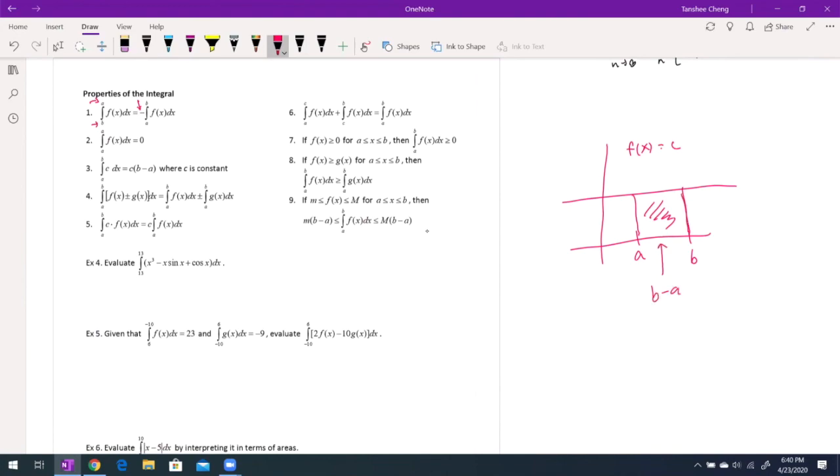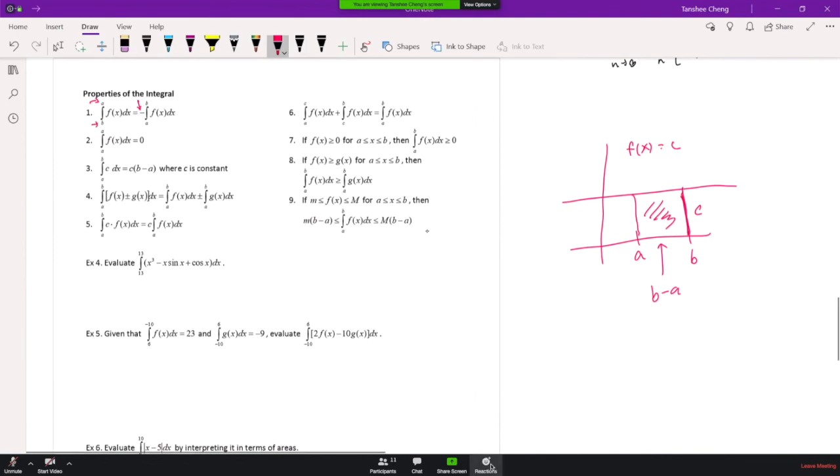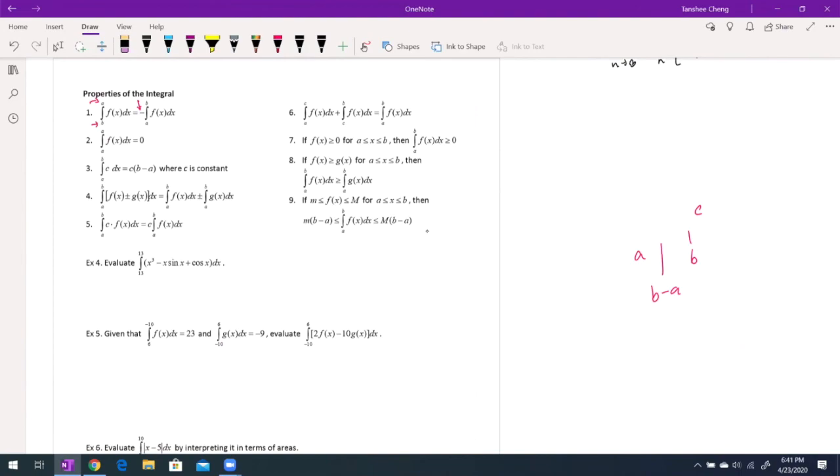And what is the height? It's always going to be c. So that's how you get c times b minus a. Do we follow? And the rest basically follows from the Riemann sum idea from the definition. So this is a quick geometric showing, not rigorous, of why this is true. And the integral of the sum of two functions is the same thing as the integral of the first function plus the second function.